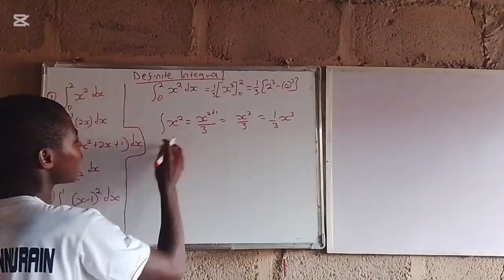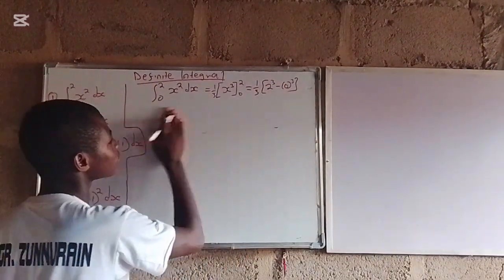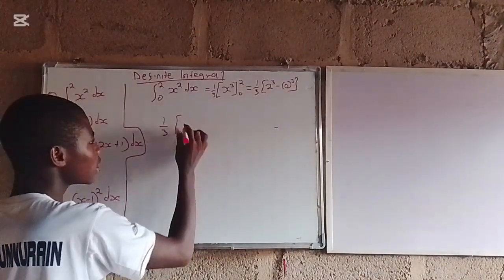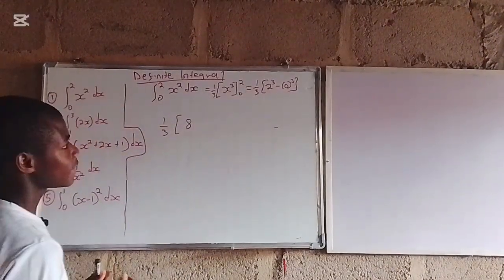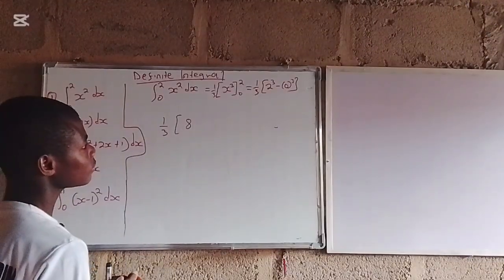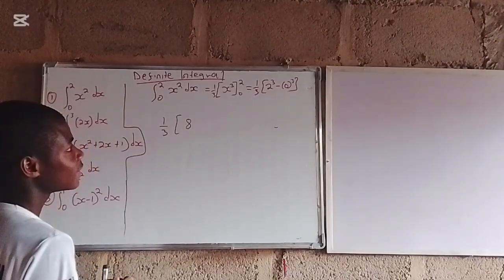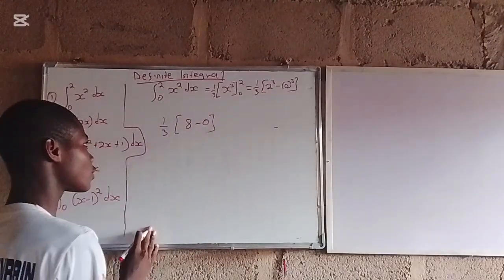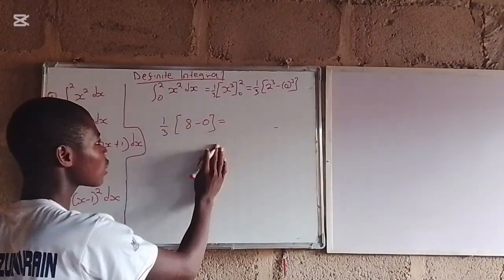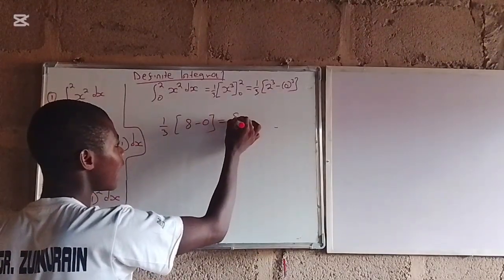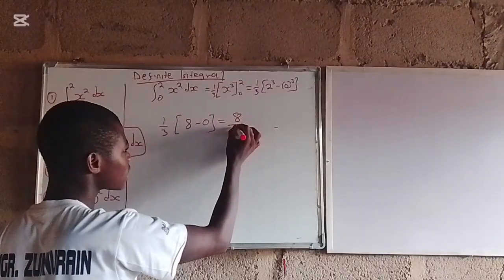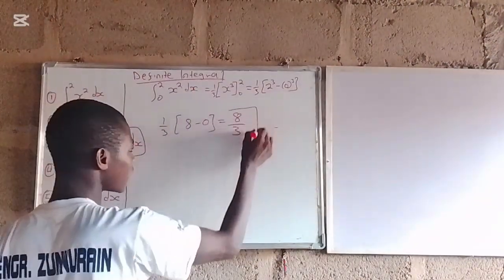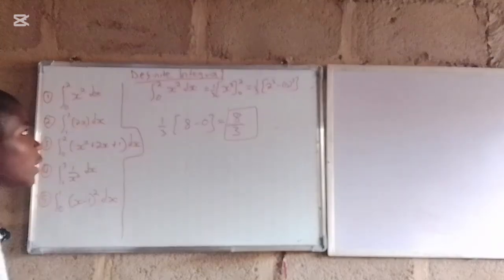So this is 1 over 3 into 2 cubed, which is 8, minus 0. So this equals 8 over 3. This is the final solution to this question.